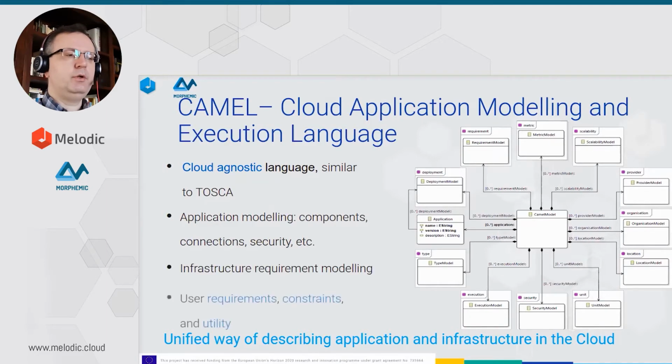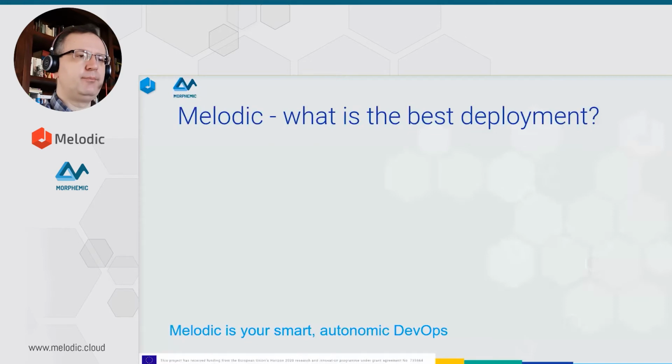We can, of course, model infrastructure as well. And very important, we can define the requirements, constraints, and utility function for our application. Thanks to that, we are able to transform this model into a mathematical form, like a constraint programming model. And this constraint programming model is used for optimizing resources. That's a very unique element of the Melodic platform.